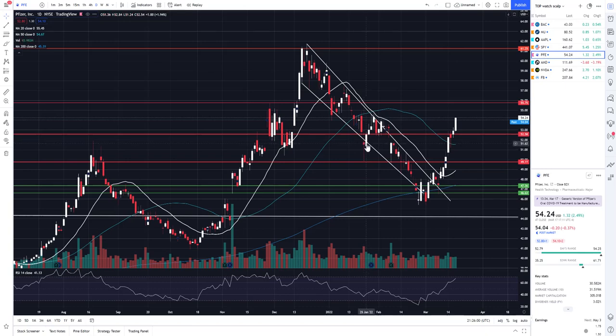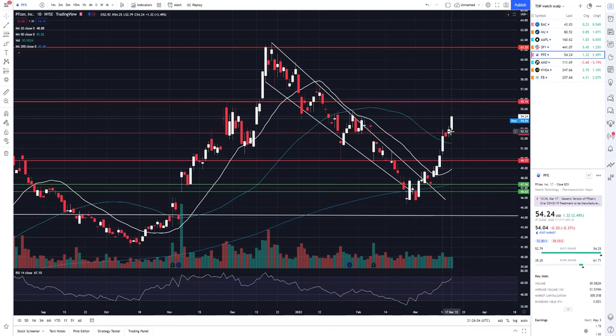Those are really the ones that catch my eye, as well as inside days. So basically, when the candle you're looking at here is inside the previous day's candle, that's when you want to look for a trade on the break of either the bottom or the top of the previous candle.